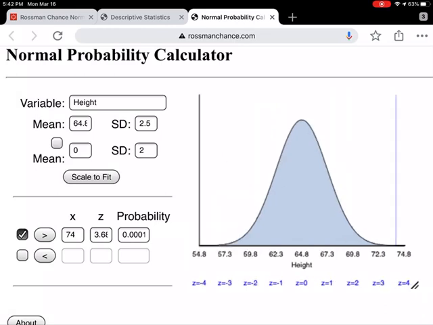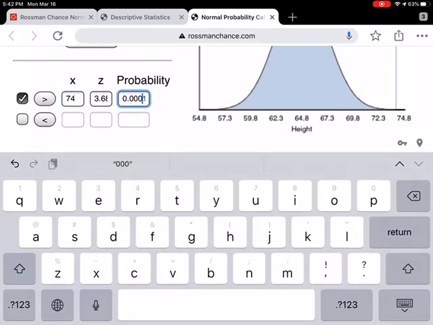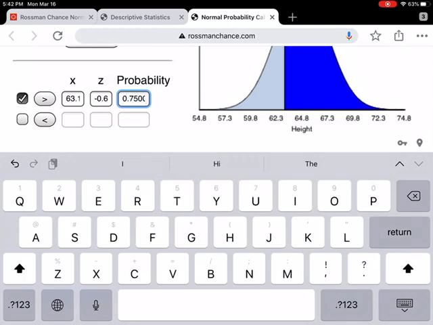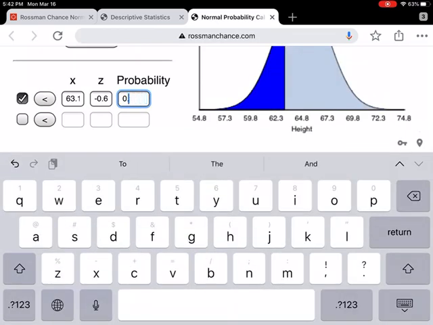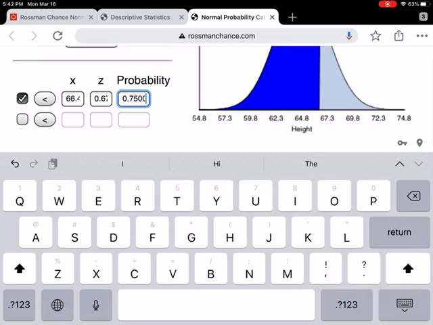Scale to fit. There we have it. So it made the graph for me. Now, we want to know the 75th percentile, which is a probability of 0.75. Oops. Nope. I'm going to switch this around. All right, there we go.